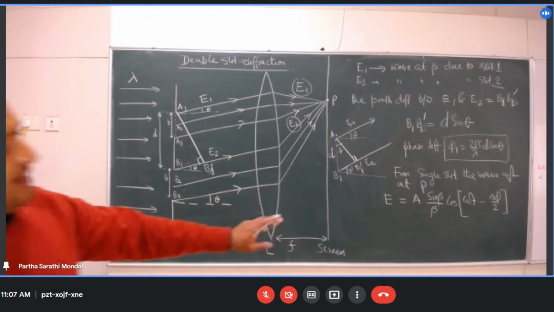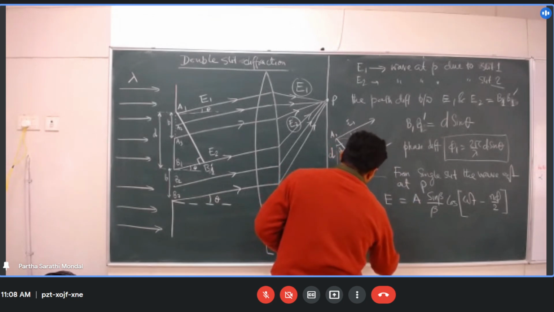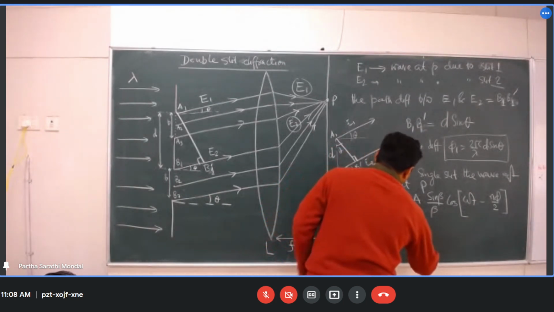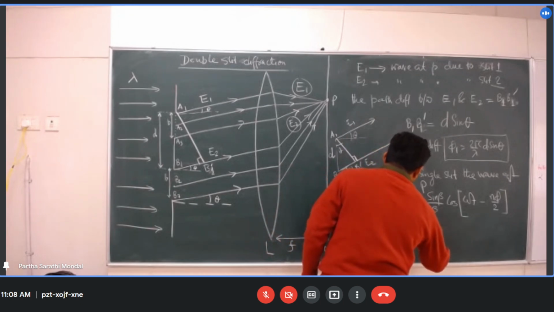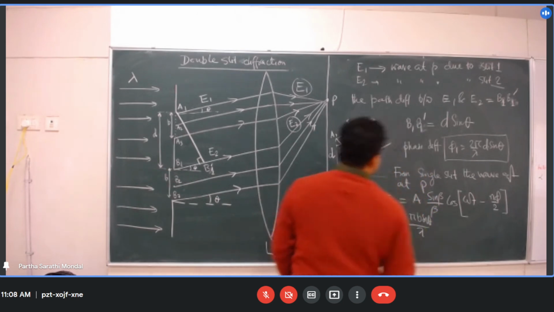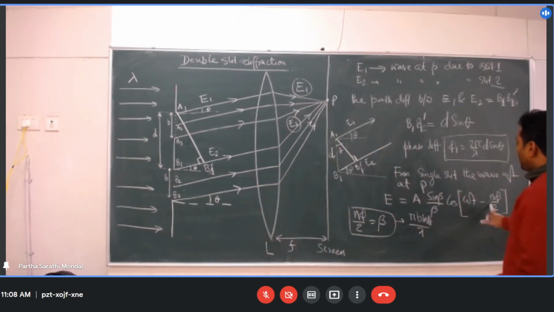Yes, sir. Now you know that n pi by 2 is nothing but it is a beta equal to pi b sin theta by lambda. ये हम लोगों ने प्रूव किया था. So now we can write it down here just beta.